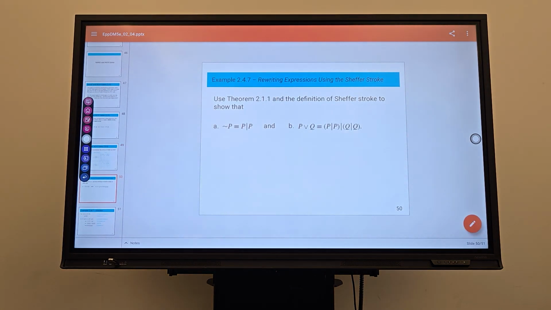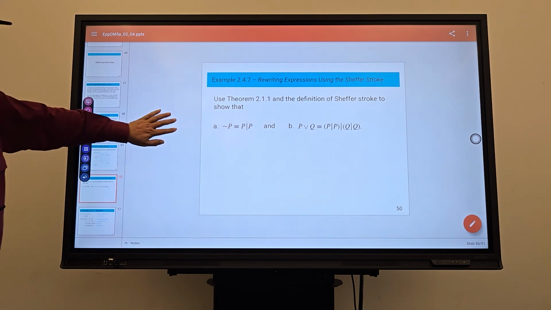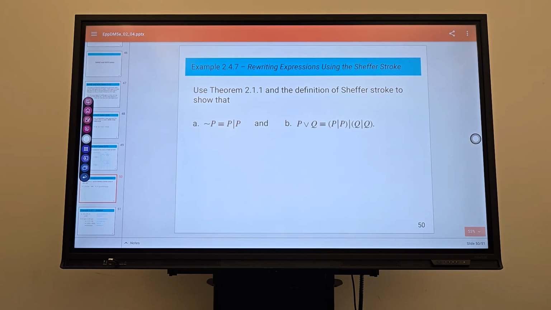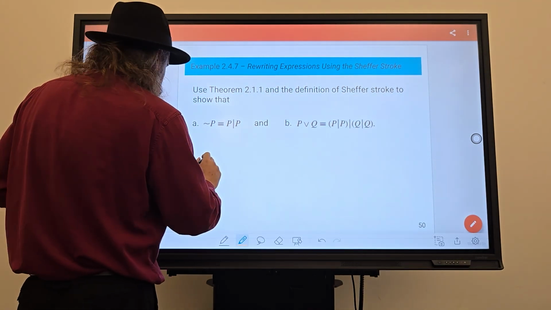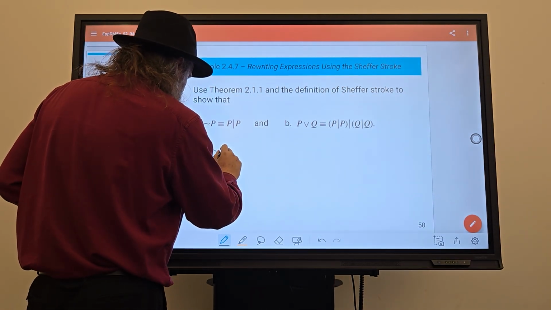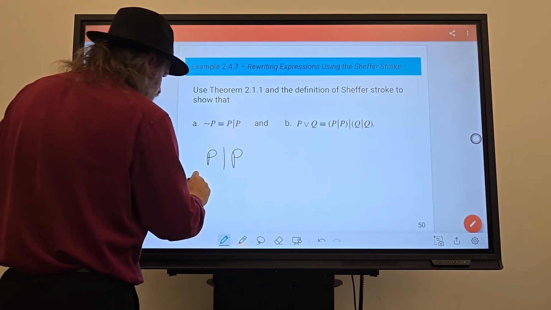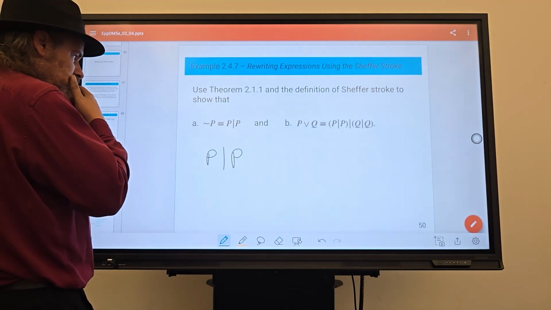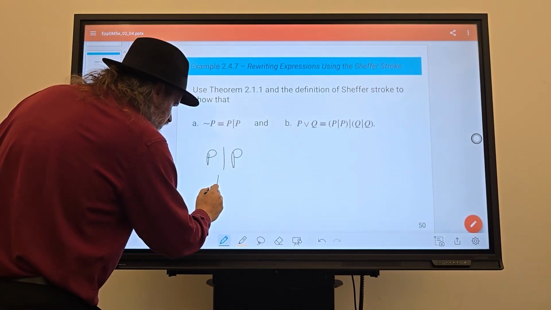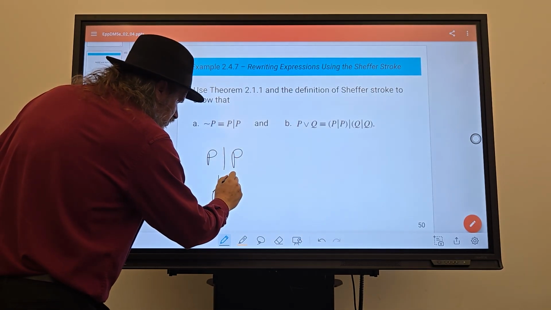Use theorem 2.11 and the definition of Sheffer stroke to show that P NANDed with P is the inverse of P. So if you look at P, it would be all the combinations of P and P, which would be 1 and 0.